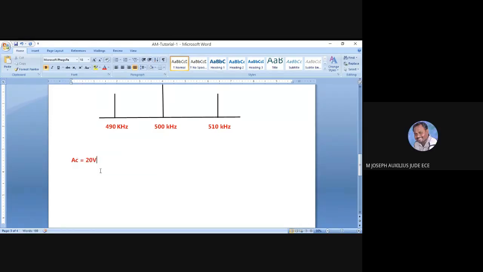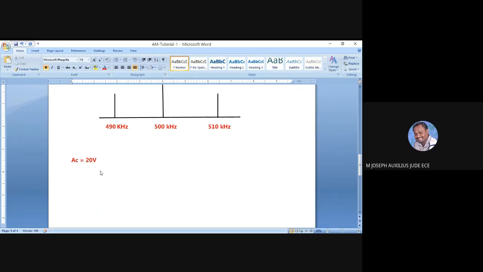Now you have to calculate what? Two side. Now go to the equation number. The same equation, probably. Equation number 11. In equation number 11, you have the amplitude of the lower sideband and upper sideband given.